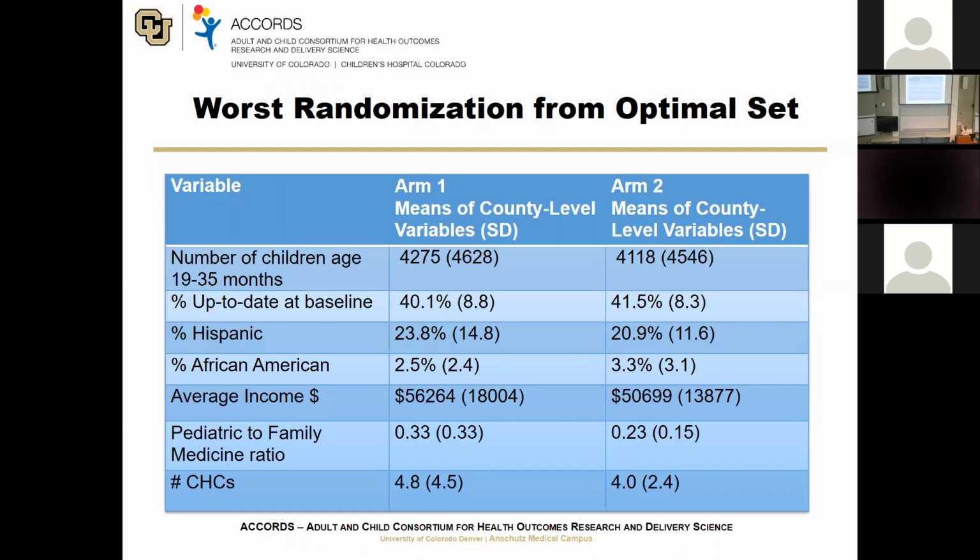So the next thing we did was to look at the worst randomization from the optimal set. And even there, it's not too bad. If you look at the differences between the two assigned study arms for the worst randomization, there's really nothing that's terribly different there.